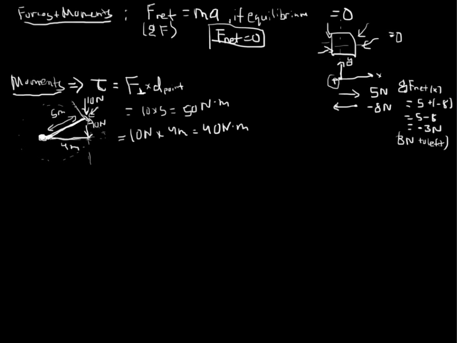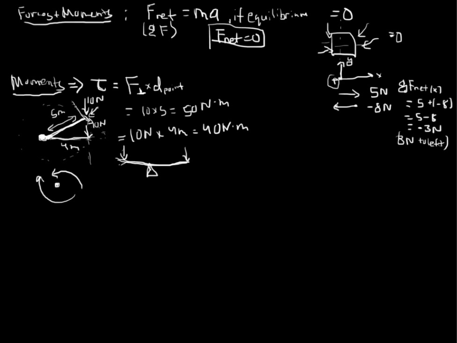And we know that in equilibrium, any moment causing a rotation clockwise has to be equally balanced with a rotation going counterclockwise. Because in equilibrium, if you have something like this, like a beam, there's two forces like that.